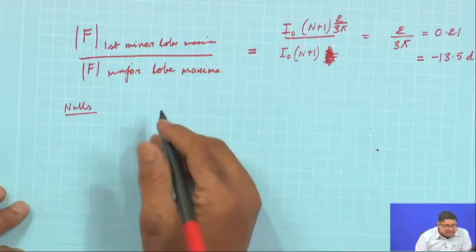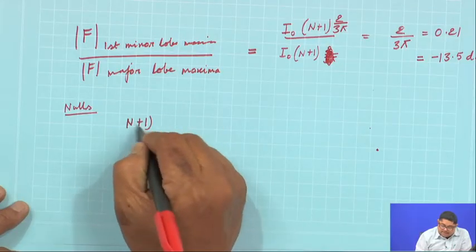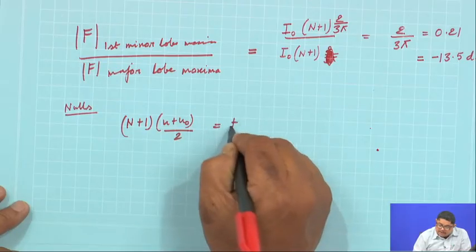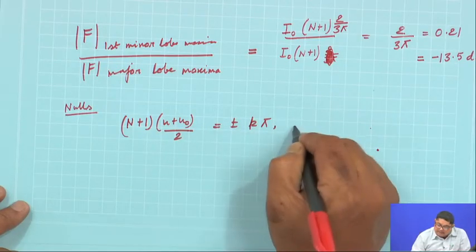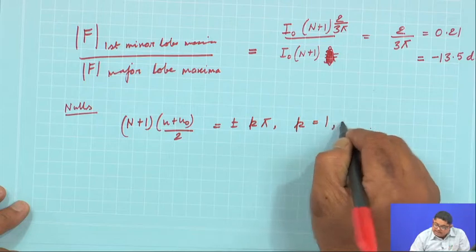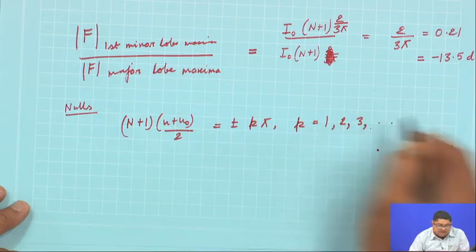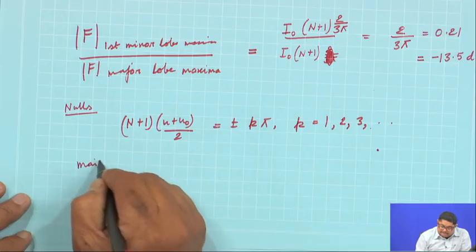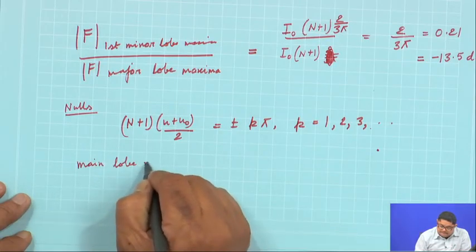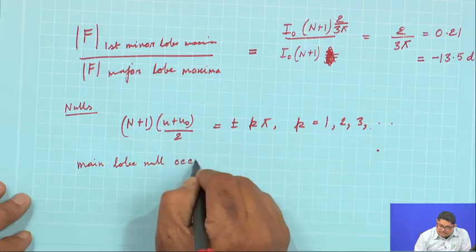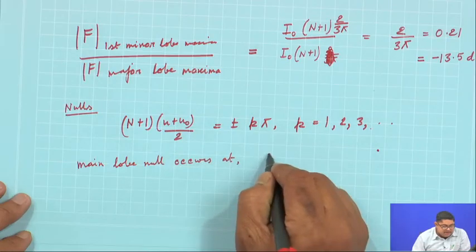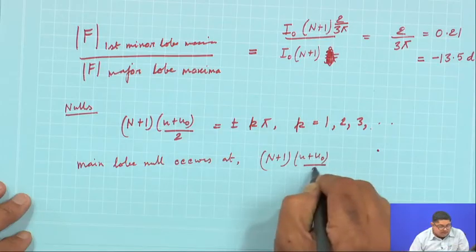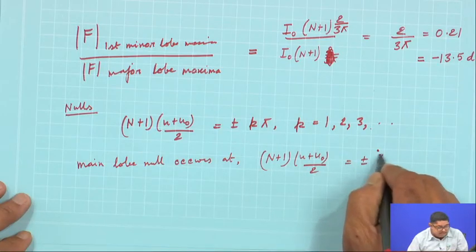So what are the nulls? Nulls of the pattern are n plus 1, u plus u0 by 2 is plus minus k pi, where k is not a multiple of n plus 1. The main lobe nulls occur at n plus 1, u plus u0 by 2 is equal to plus minus pi.